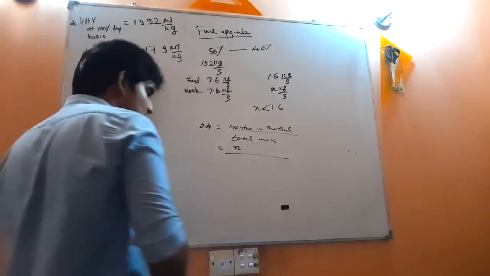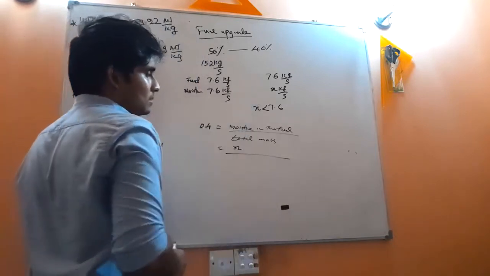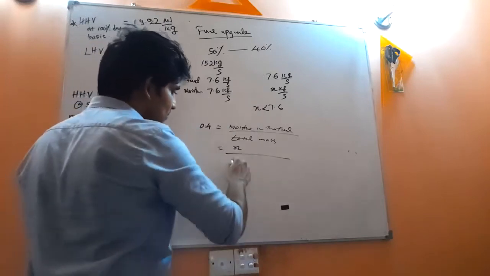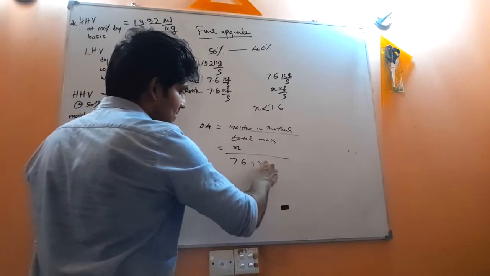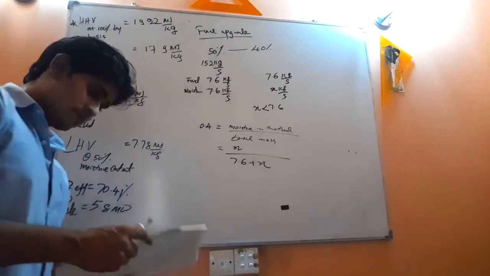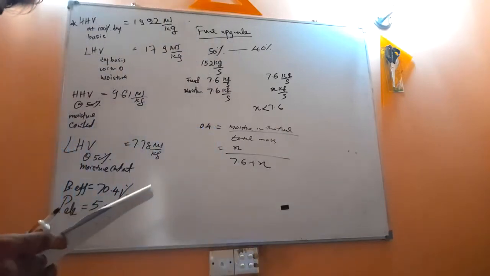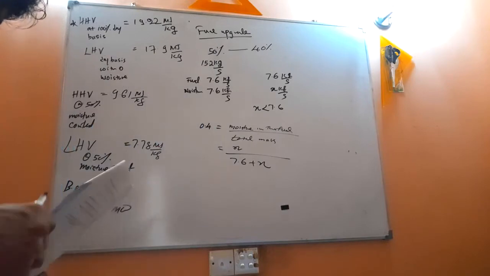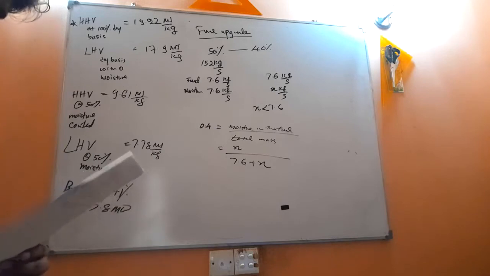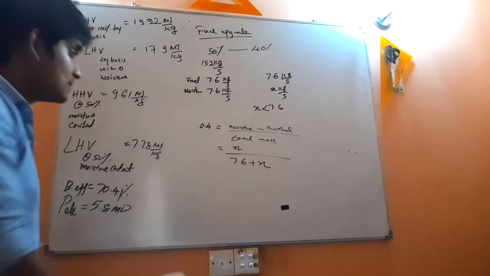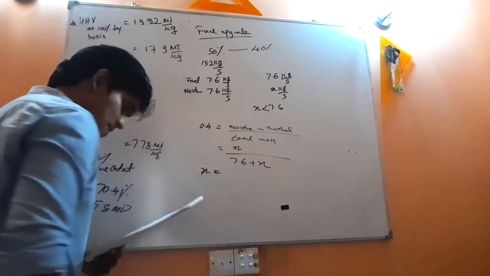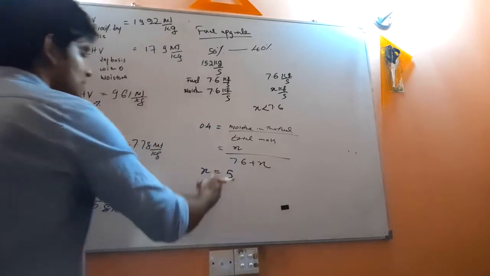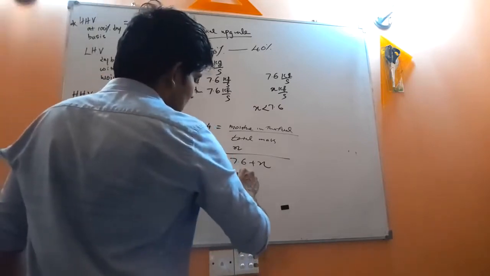The total mass will be the actual dry fuel content 7.6 plus X. If you solve that, X would be 5 kilograms per second.